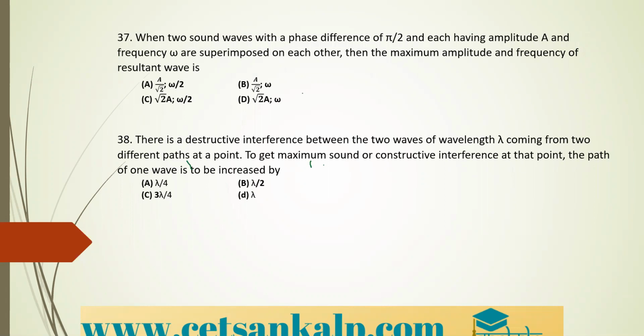So here you need to calculate the maximum amplitude and frequency when they are superimposed. One concept we know is that when they are superimposed, the frequency remains the same. So in the given options, it is either option B or option D. By calculating the amplitude, we will understand whether it is B or D, because the frequency is remaining constant.